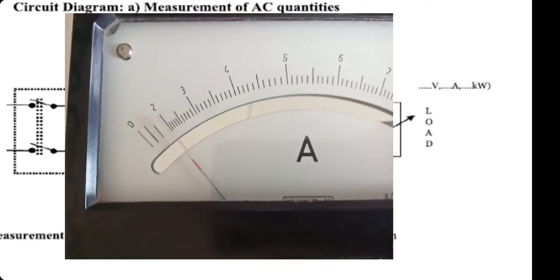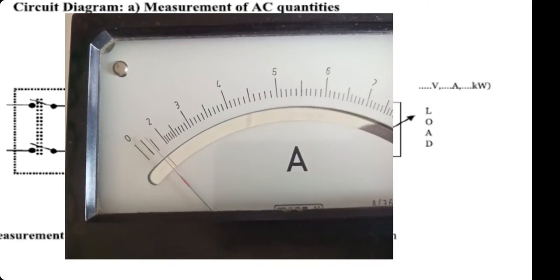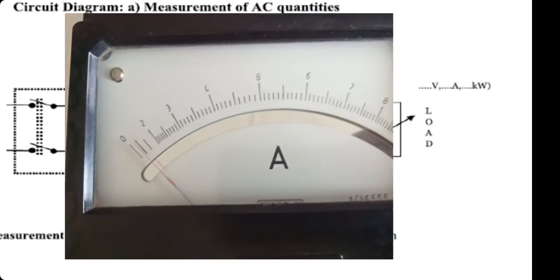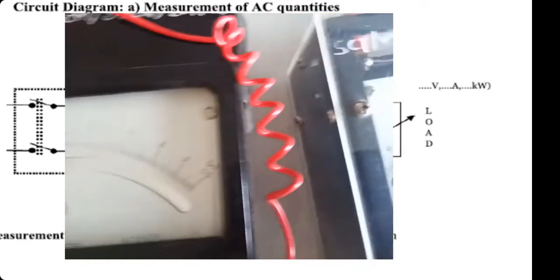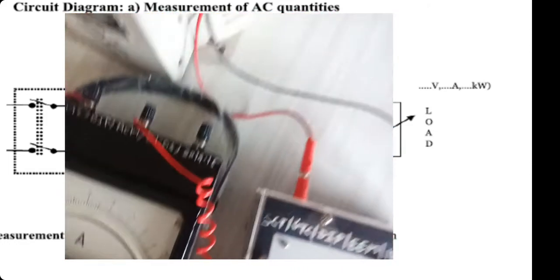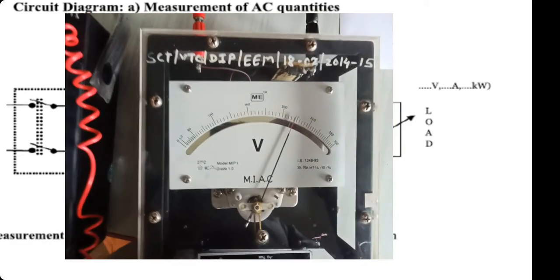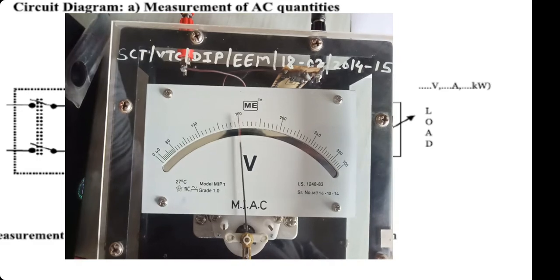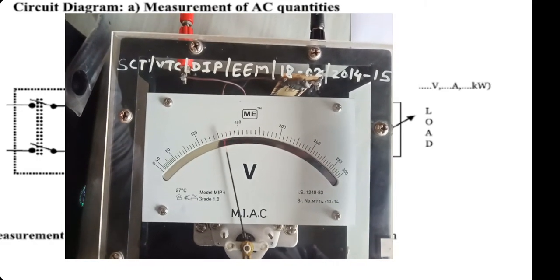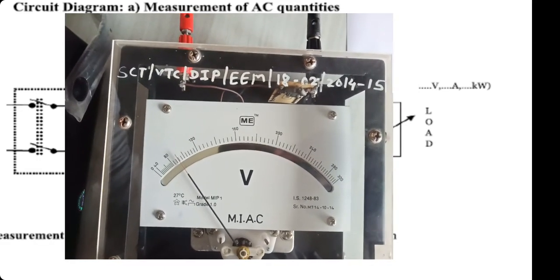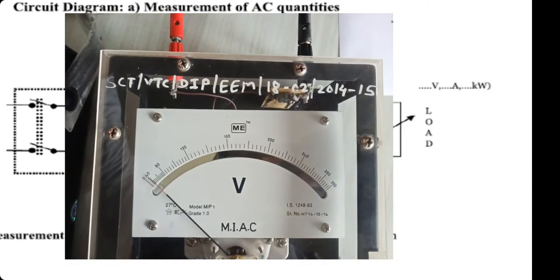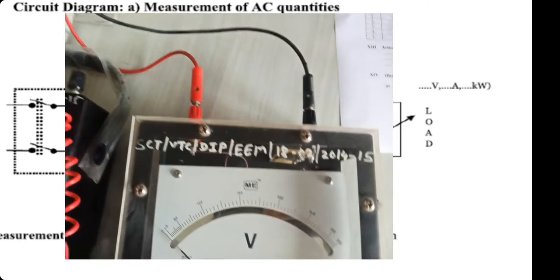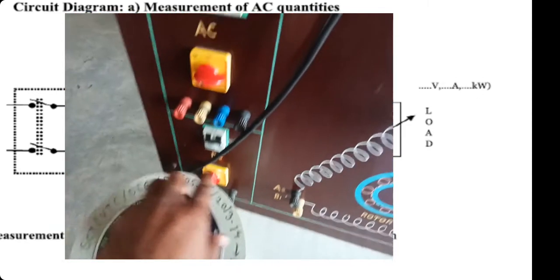Again I have decreased the load to 0. Now I will reduce the variac also, and switch off the main supply.